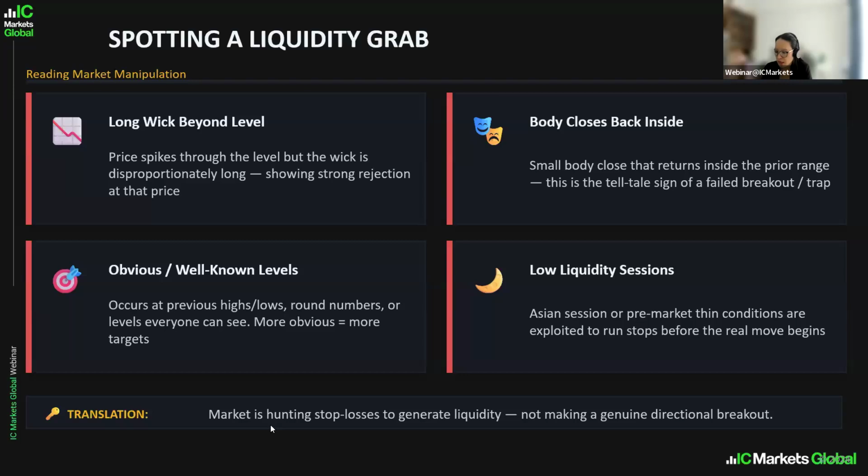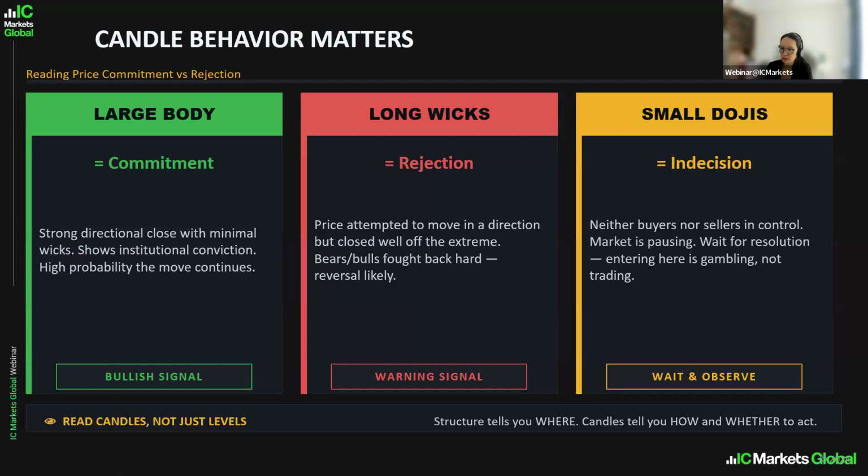So the market is hunting stop losses to generate liquidity, not making a linear directional breakout. So, candle behavior patterns: reading price commitment versus rejection. A large body equals commitment, which is the confirmation in a real breakout.